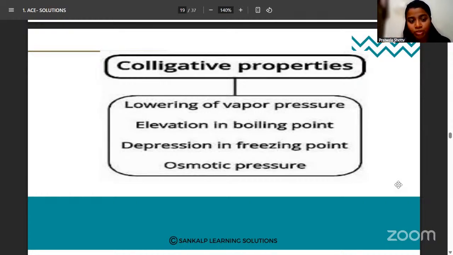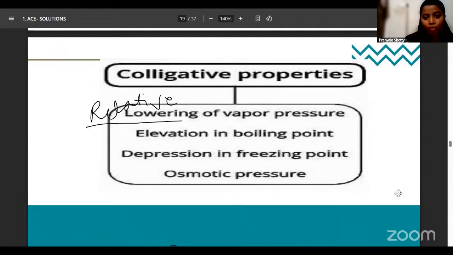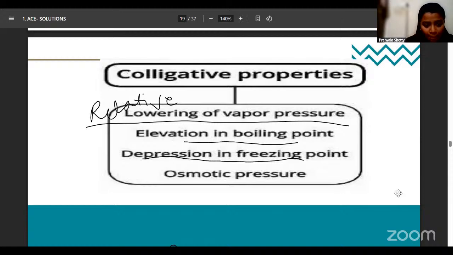Those are relative lowering of vapor pressure, depression in freezing point, elevation in boiling point, and then osmotic pressure. You will have read what osmosis is, and you will read briefly today what osmotic pressure is. Okay, I'll move on.